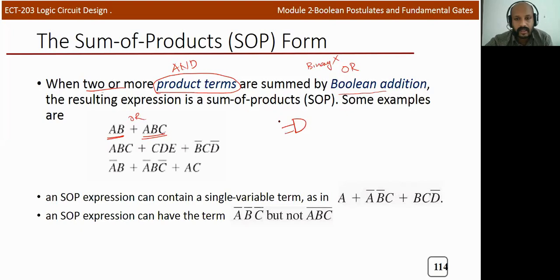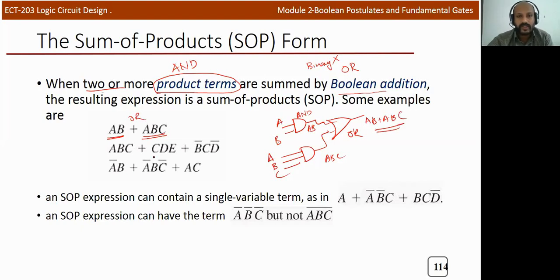One AND gate with two inputs A, B, and another AND gate with three inputs A, B, C, and we are combining these two by using an OR gate. This is the OR gate, this is AND. So here it is AB, here it is ABC. If we combine these two, AB plus ABC. So this kind of expression is known as sum of product.